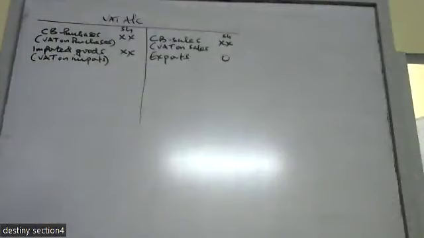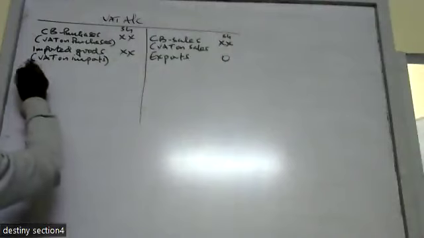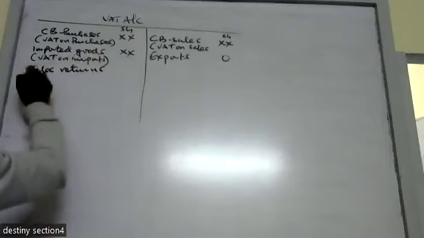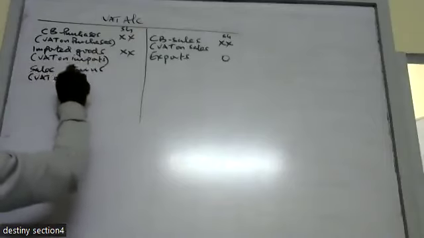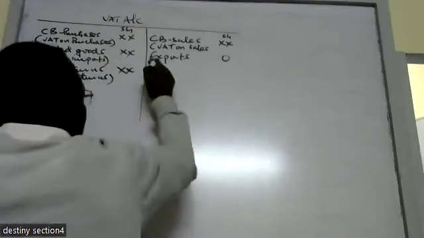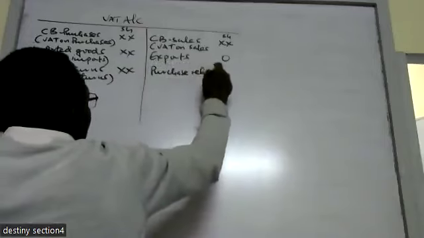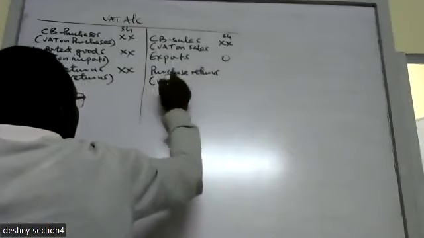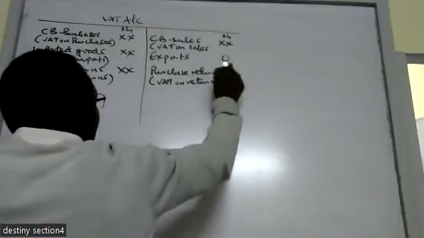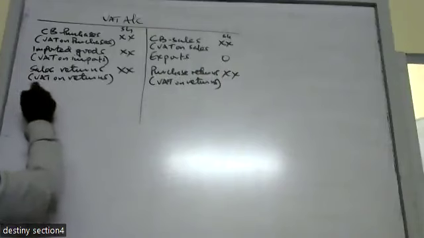Exports are zero rated. Then you have sales returns, so VAT on returns, and for your purchase returns. Then your bad debts.